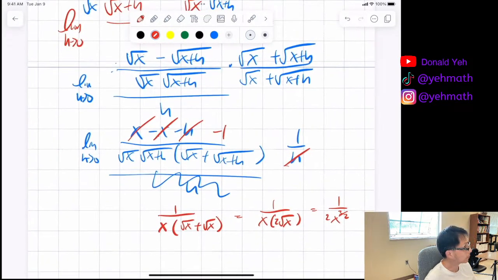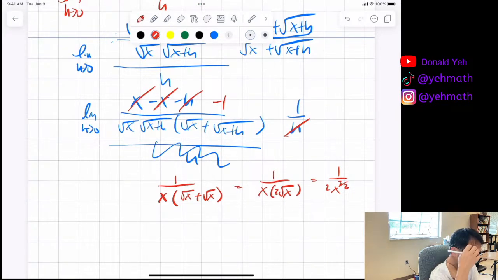Is that okay? No, you can leave it like that. But it also says find an equation of a line that's tangent to the graph of f and parallel to the given line. Parallel to the given line.